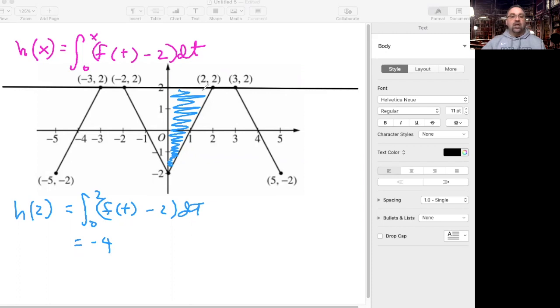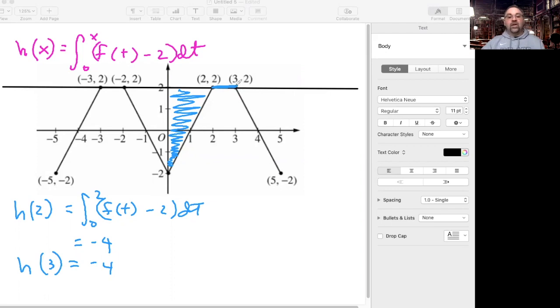As I go from h of 2 to h of 3, it's still -4, because there's no area in here. That is just right on the x-axis, so there's no area between the function and the x-axis there.